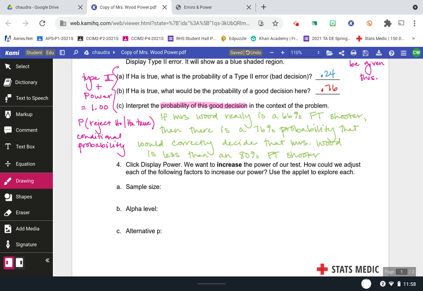Or you could say that we would correctly decide that Mrs. Wood is not an 80% free throw shooter, right? So just to clarify, this very first part here was our alternative hypothesis. So if that's really true, then the power is the probability that we correctly rejected the null hypothesis.